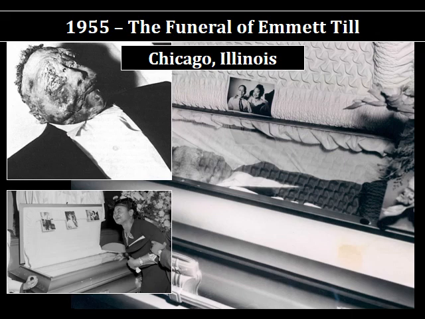So after the body is removed from the river, it is returned by rail to Chicago for burial, and his mother, named Mamie, accepts the body, and instead of ordering a closed casket, orders an open casket with a kind of glass top to it so you could see the body, and then encourages all these different newspapers and magazines to come and photograph the condition of the corpse.